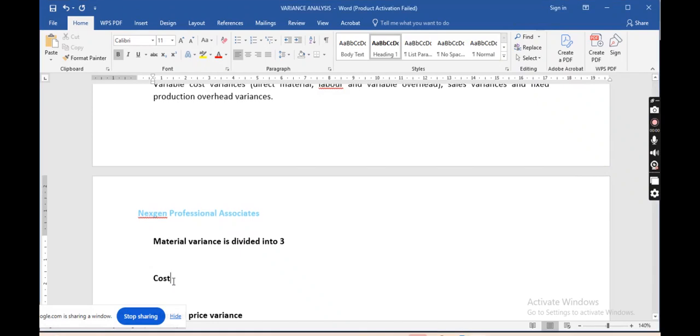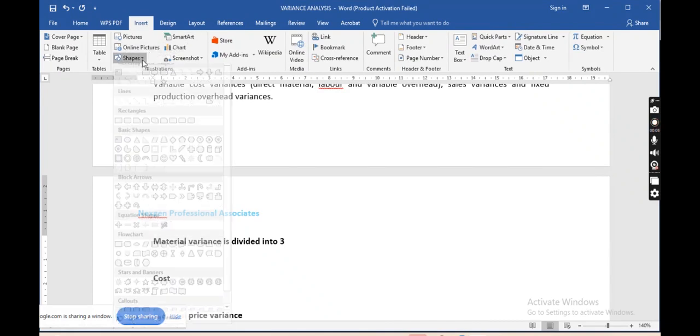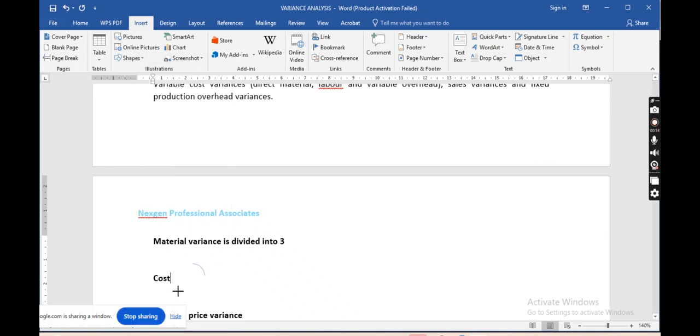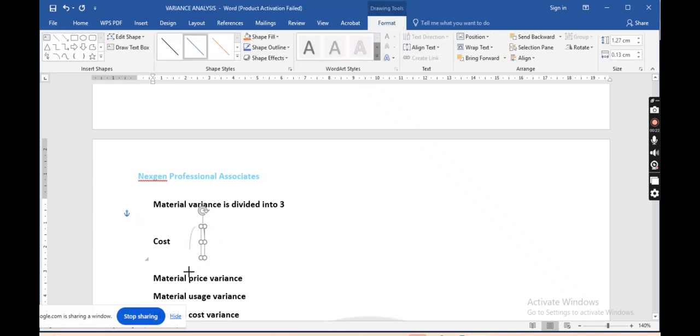Let's say I want to draw something here. Would this work? I want to draw a diagram here. Okay, this will not work. Let's check it out. Class, just pay attention.